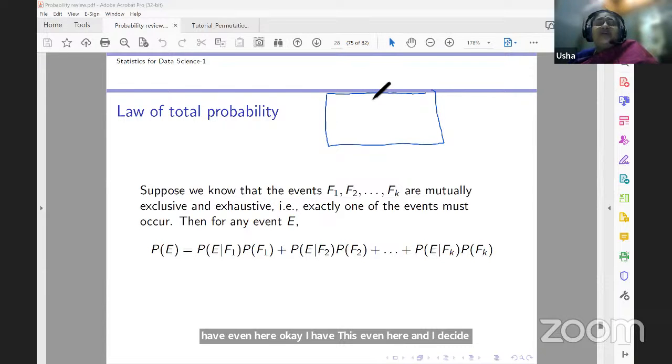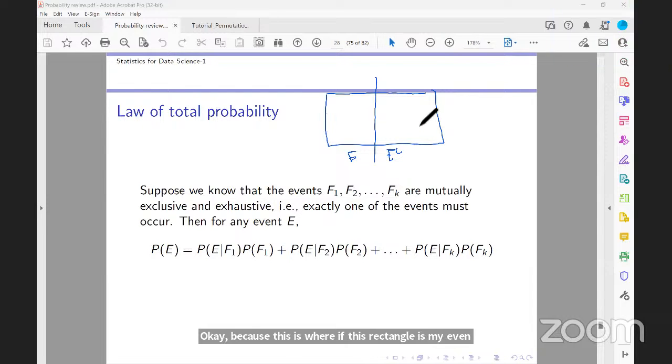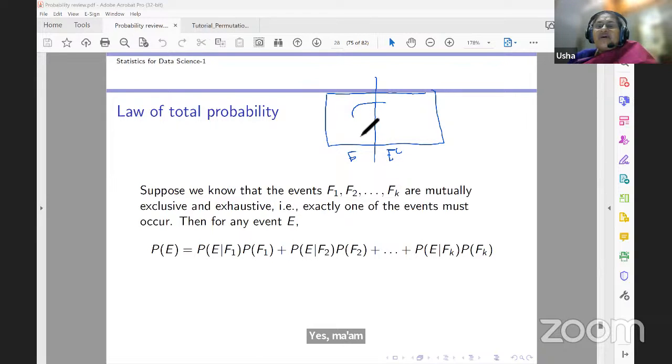Let's look at an event, for example an event E, and this is E complement, because this is my sample space. If this rectangle is my event E, this rectangle is my E complement. Would you all agree? I have an event F here.